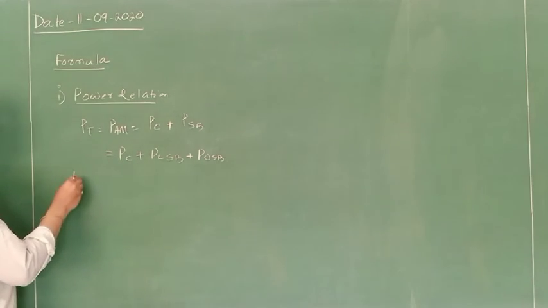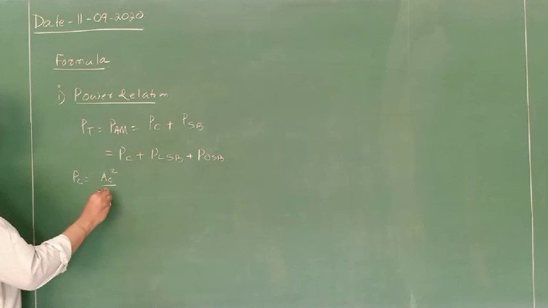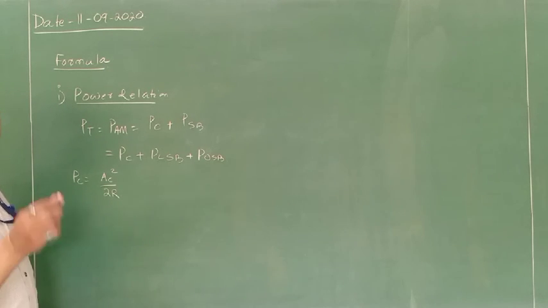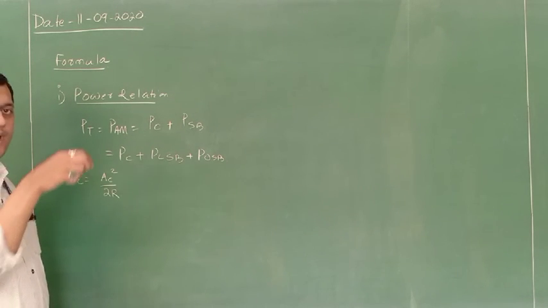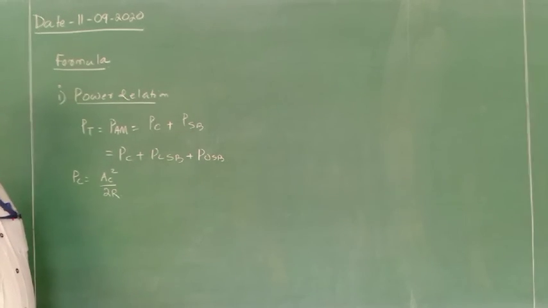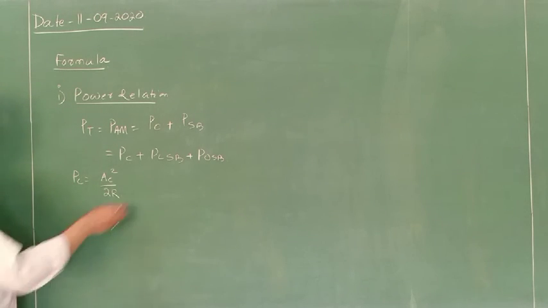Now what is PC? PC you have seen is AC square by 2R. Now what is this R? R is the resistance offered by an antenna when it is delivering to free space as an electromagnetic wave, what I discussed in the previous class. So this is PC.